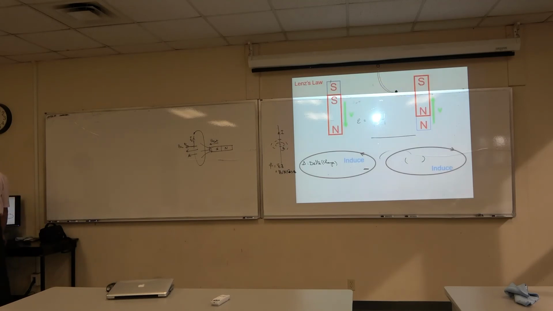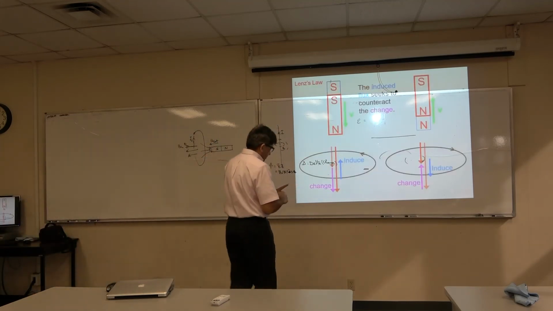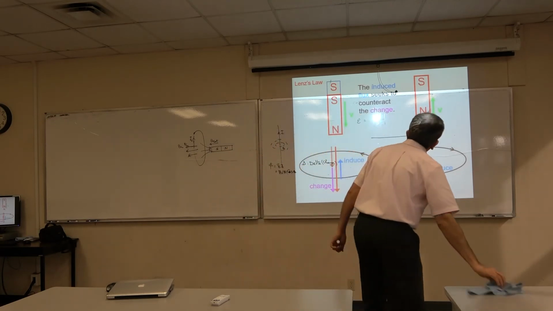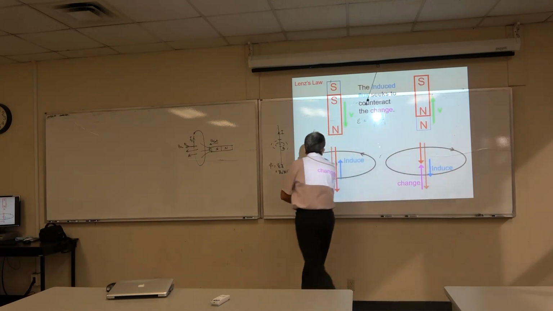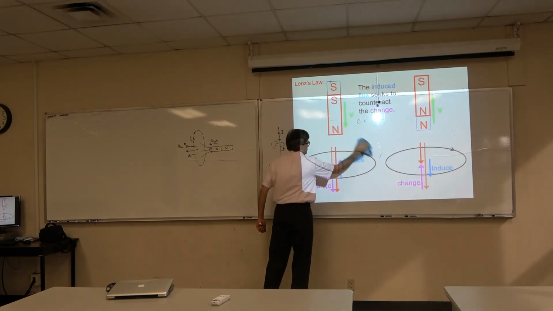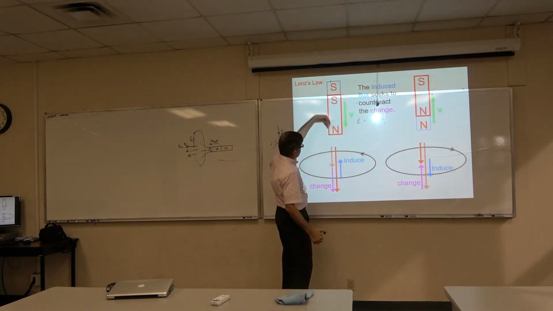Now, here is another thing. One can look at Lenz's law. Now we combine both Faraday's law and Lenz's law. So what does Lenz's law say? Here I have a magnet coming towards the coil.